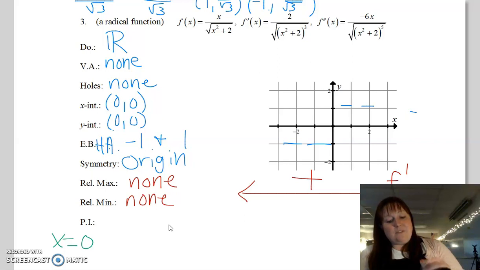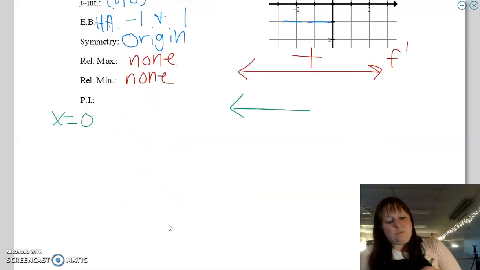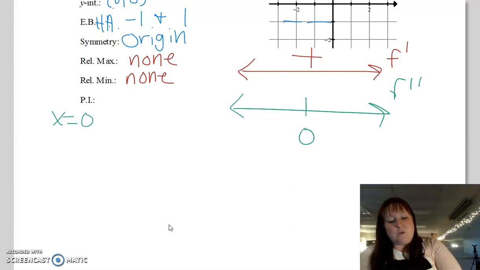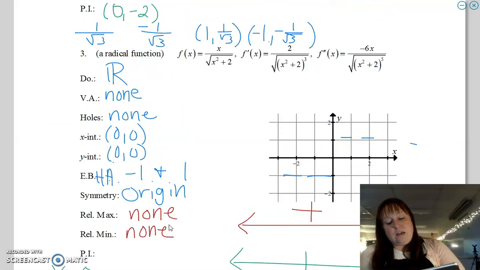So we're going to make an f double prime number line. Our possible inflection point is 0, so then we see what's going on with our second derivative. Is it concave up or concave down? At -1, if we put -1 into our function, we get -6 times -1, which is positive. And on the bottom, it's also positive.